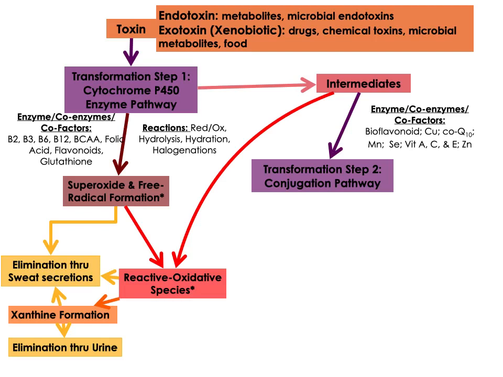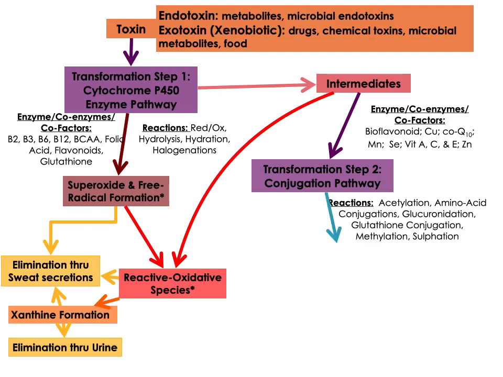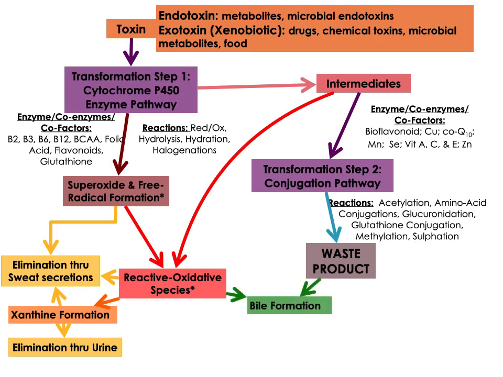The other thing that the intermediates can do is undergo what's referred to as a conjugation pathway. In the conjugation pathway, we're going to go through and have multiple types of reactions that will stick various metabolites together. This pathway here is going to need secondary coenzymatic factors such as vitamin A, vitamin C, vitamin E, bioflavonoids. The acetylation, conjugation, and glucuronidation reactions will form things like bile.